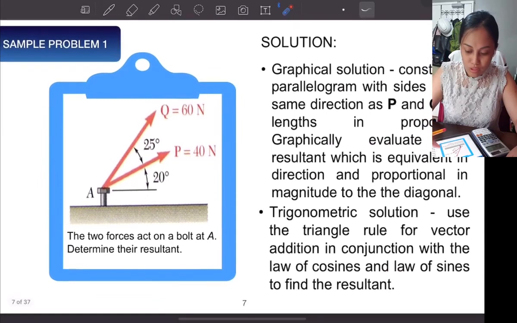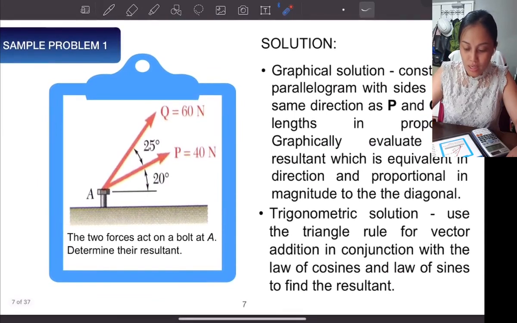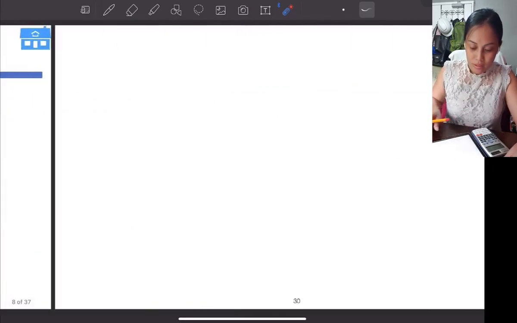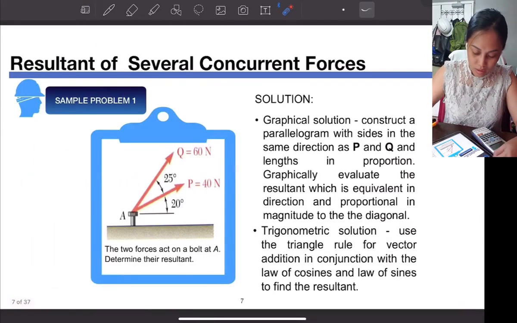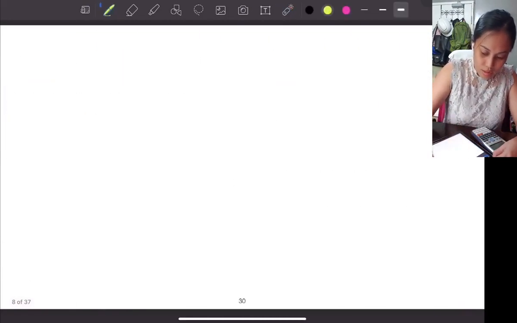We can solve this using a graphical solution and a trigonometric solution. So for graphical, this is how you can solve it using the graphical method. Say, for example, we draw the figure again.